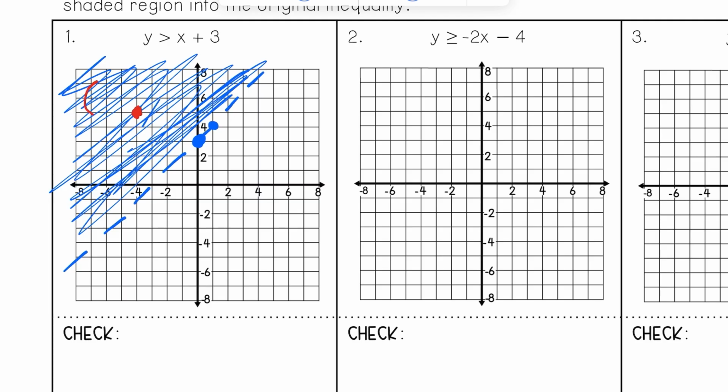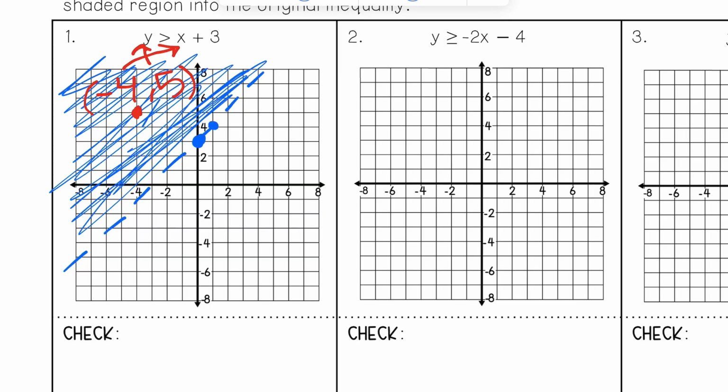So -4, comma 5. So let's check. We're going to plug this -4 in for x and this 5 in for y, right? Which makes sense because this is my x and this is my y from that point.